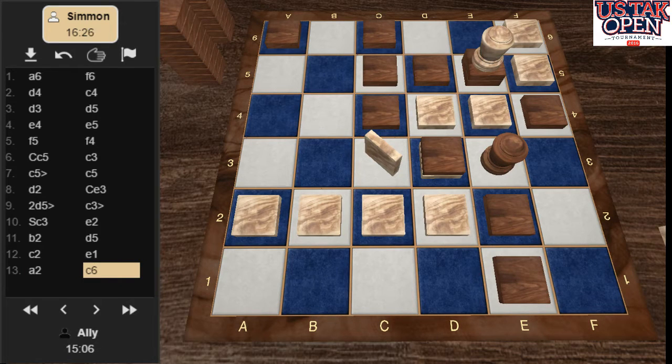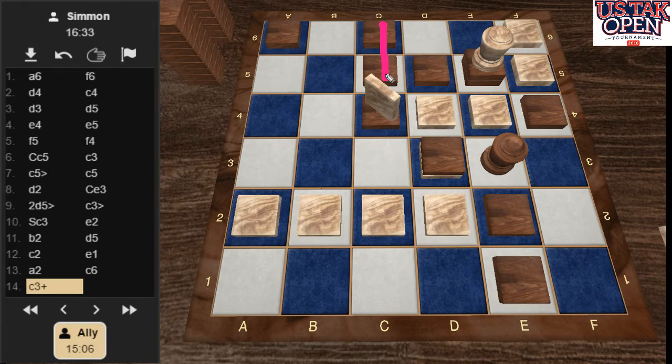C6. Okay, there he's made a threat. And that's a surprisingly effective one, I would actually say. That coming through here, and it is a, okay.